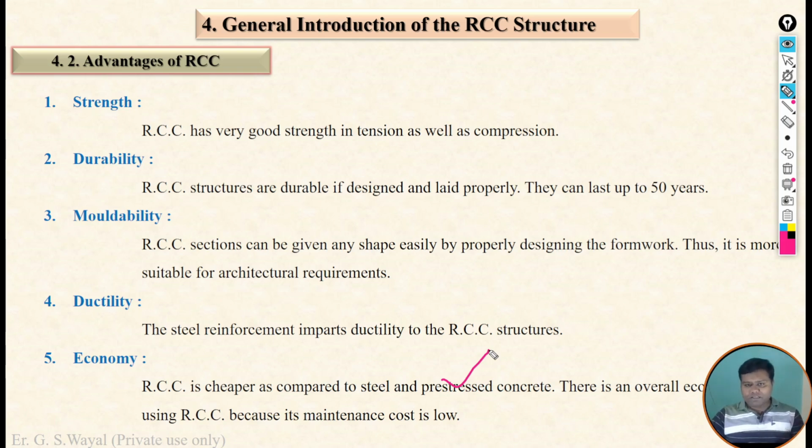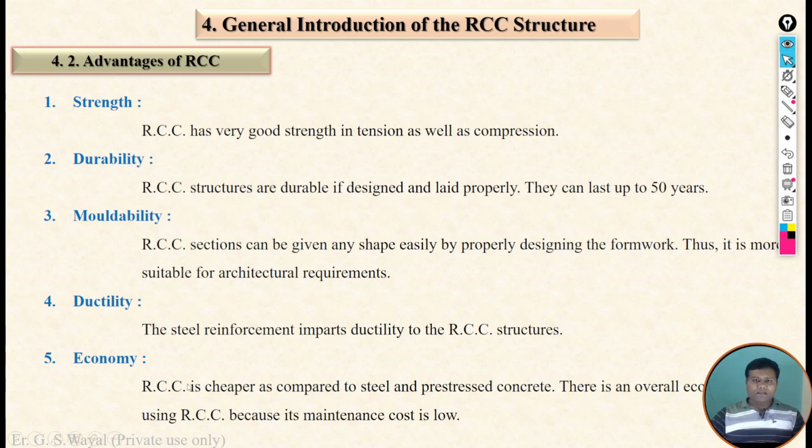But compared to steel and precast concrete structures, RCC is very economical, because its maintenance cost is very low.